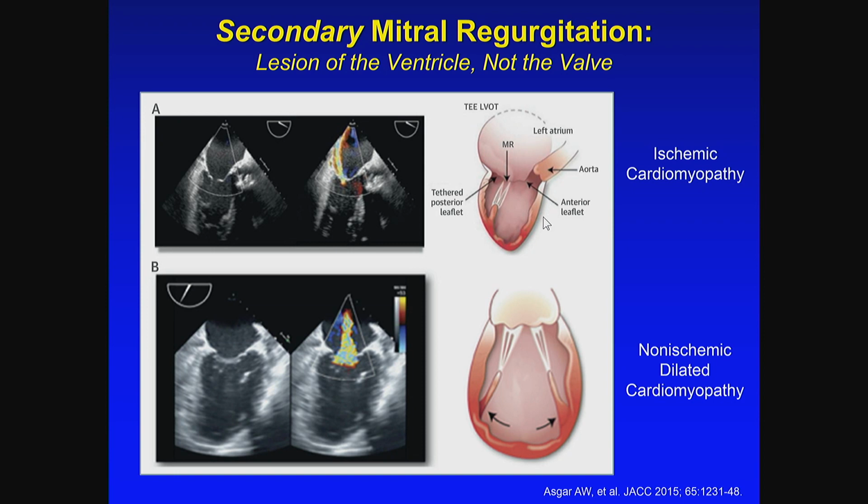One is ischemic cardiomyopathy, when there can be typically tethering of the posterior leaflet, or a non-ischemic dilated cardiomyopathy where both papillary muscles, and in turn the mitral apparatus, are pulled apart because of the enlarging left ventricle, which leads to central malcoaptation and a large central jet of mitral regurgitation. Now, with a failing ventricle, that increased filling and workload from the incessant MR can further impair and strain a ventricle that's already struggling to begin with.